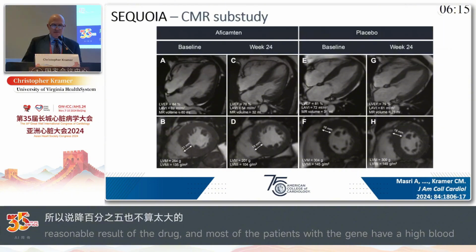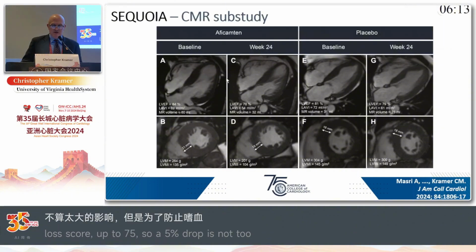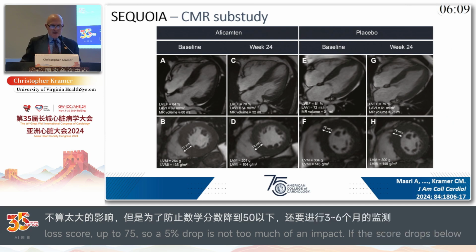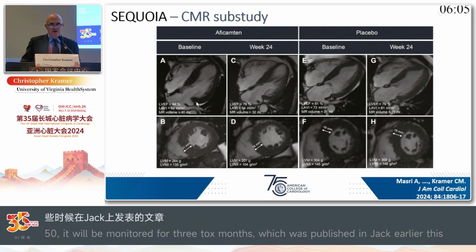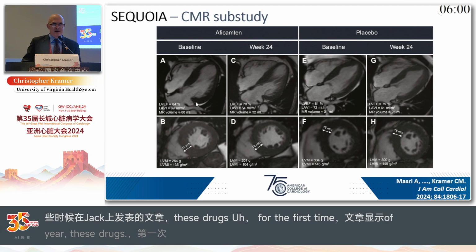I was the senior author on this paper in JACC earlier this year. And what this showed is that these drugs, for the first time, offer reverse remodeling of the heart in HCM.